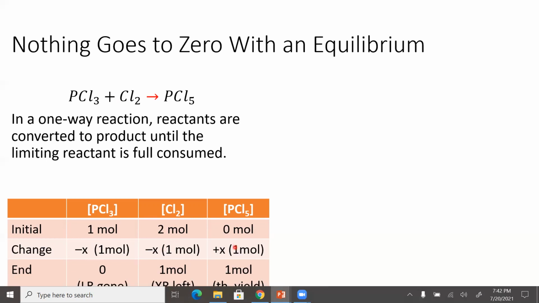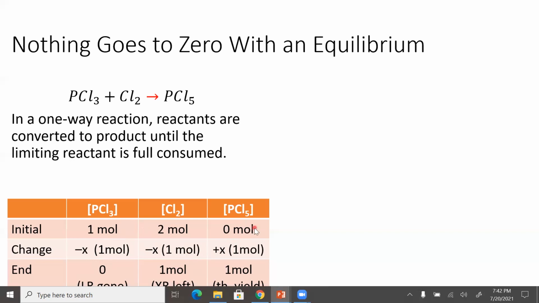Well, if the reaction goes to completion, all of our limiting reactant is going to react. So if we have 1 mole and 1 mole of it reacts, there isn't anything left. This says LR for limiting reactant. So if we have 2 moles here of chlorine and only 1 mole reacts before we run out of PCl3, we're going to have 1 mole of Cl2 at the end, and it's our excess reactant, what's left over.